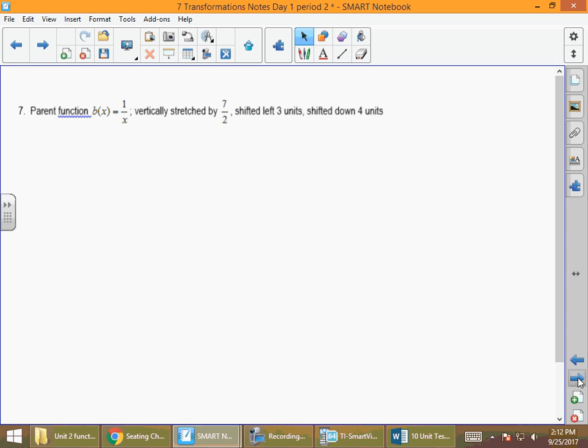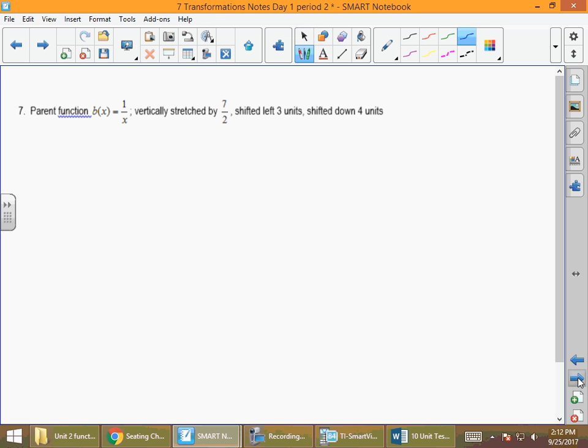The parent function is 1 over x, vertically stretched by 7/2, shifted left 3 units, and shifted down 4 units. And once again, as we start this problem, think about where does the transformation occur? Does it occur on the inside of the function, or does it occur on the outside of the function?